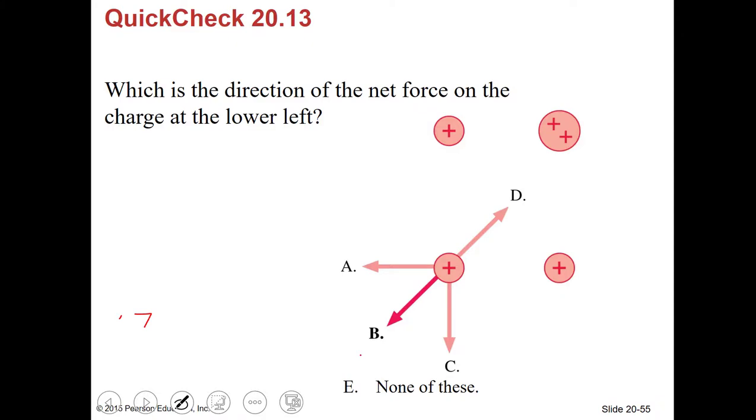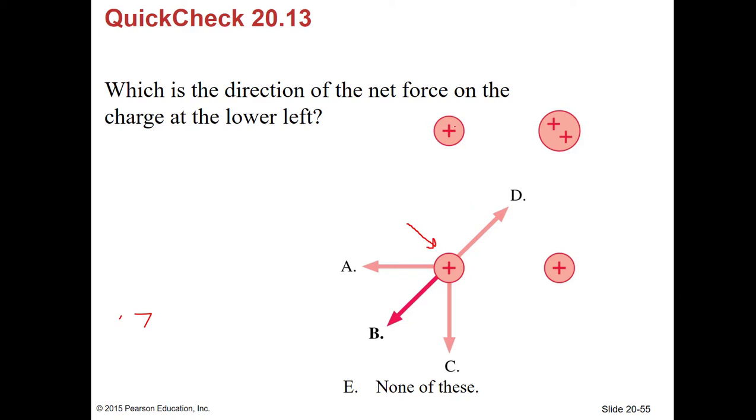Okay, which is the direction of the net force on the charge on the lower left? We have several different choices here. It's kind of given away because this one's a different color, but we'll work it out. Let's just pretend that this is the only charge that's causing a force on this one. So we're looking at the direction of the force on this charge, the one on the lower left.